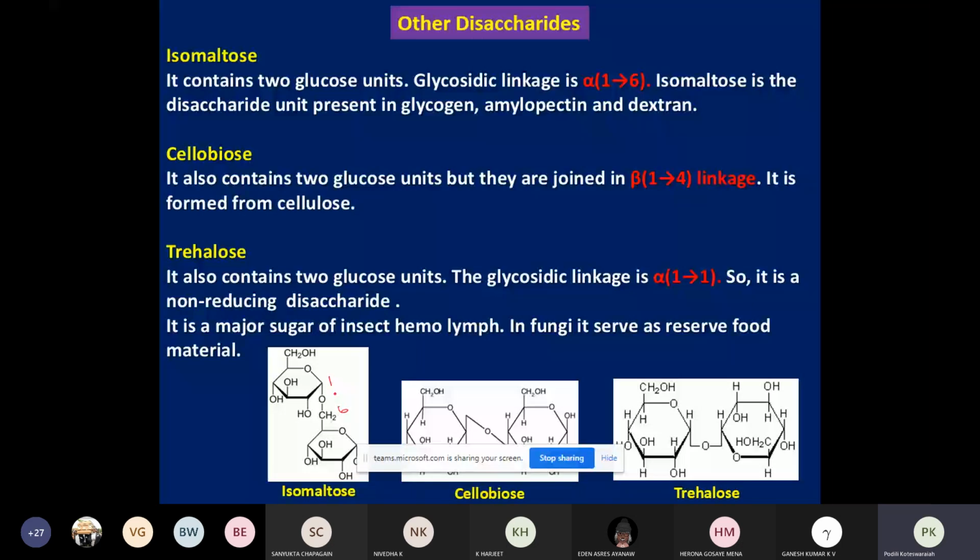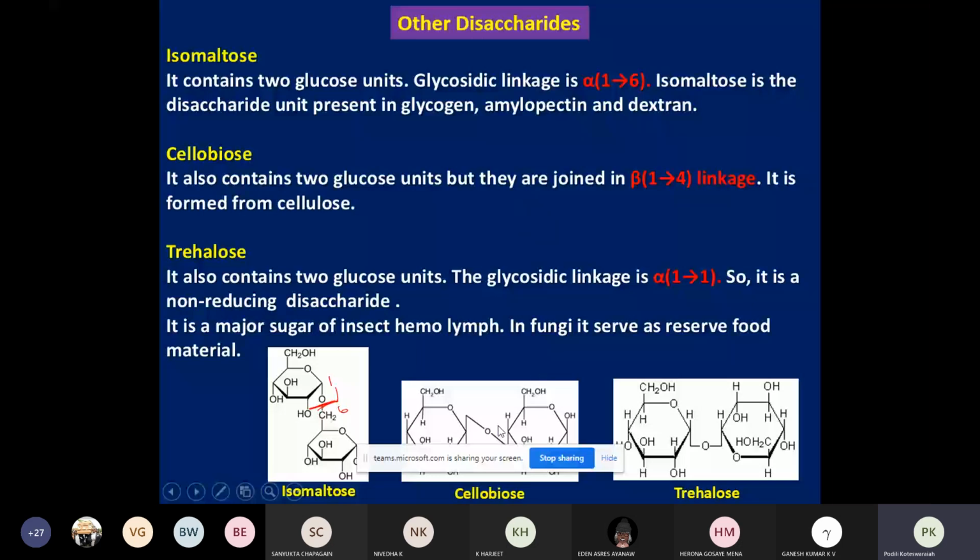So that's why isomaltose has the alpha 1,6 glycosidic bond. And cellobiose is again composed of glucose and glucose with a beta 1,4 linkage. It is similar to maltose with alpha 1,4, but in cellobiose the two glucose residues are connected by the beta 1,4 linkage.